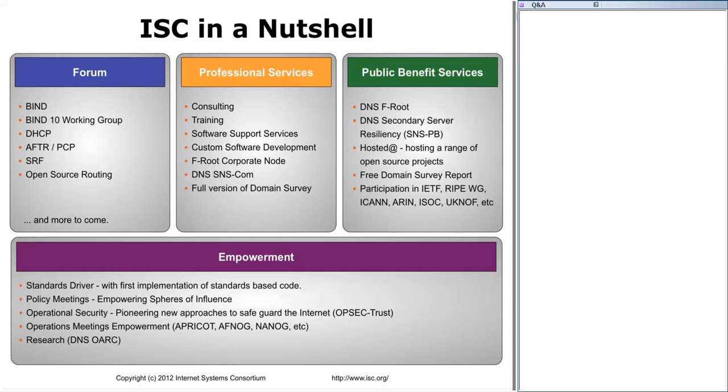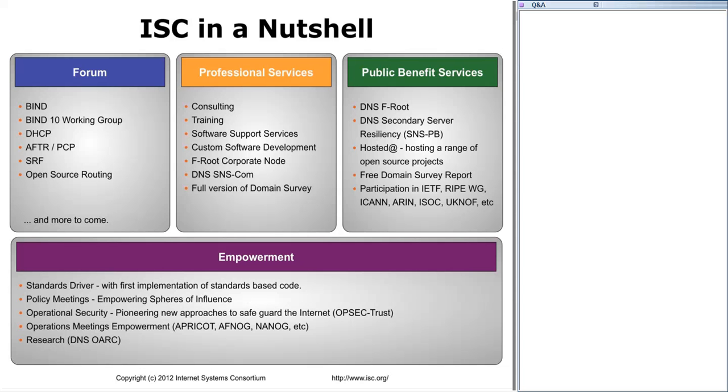We do other software as well, including a dual stack light implementation called After. That's for sharing IPv4 addresses in an IPv6 backbone network. We have our port control protocol software, and we have software for security and resiliency and also for routing that are part of our 2 new forums, the SRF forum and the open source routing forum.